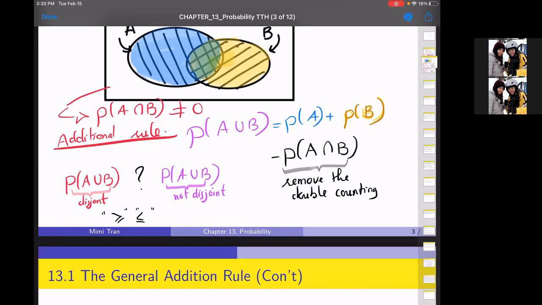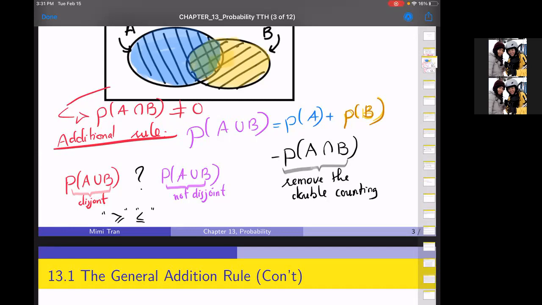That's okay. Good job, Dan. Ella, change your mind. Yeah, sorry, I put the wrong one. Okay, thank you. Okay, people who say greater than, it is greater than or equal to.